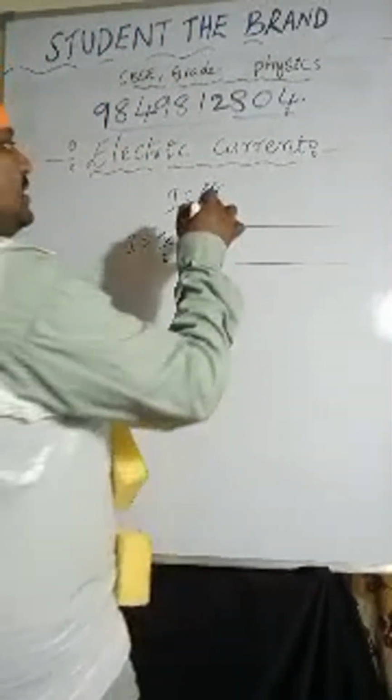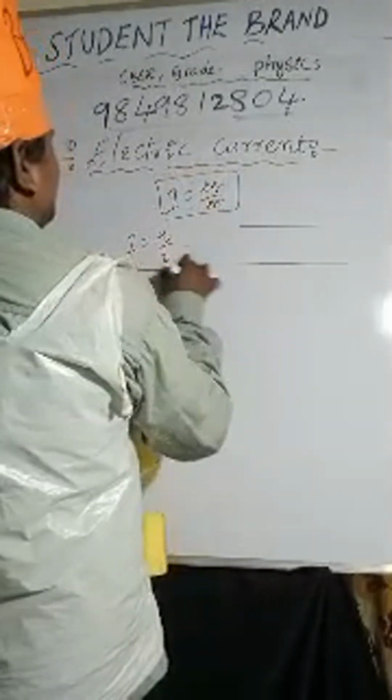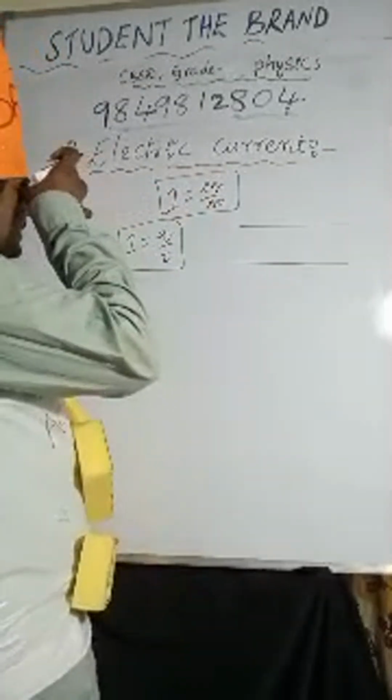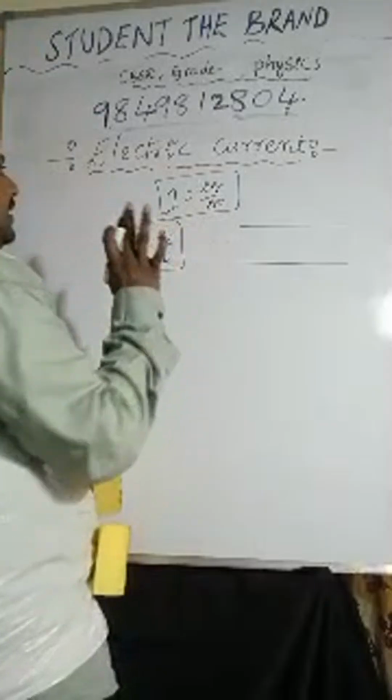This is called instantaneous current and this is called average current.